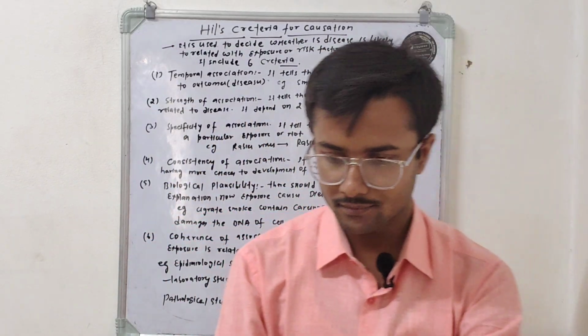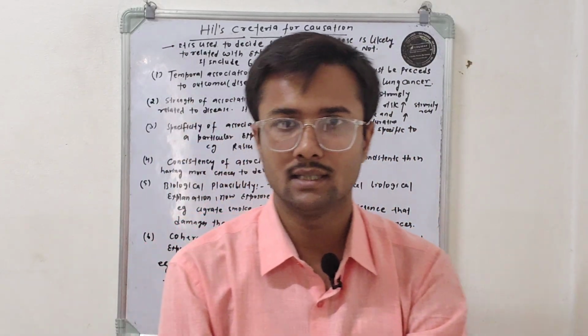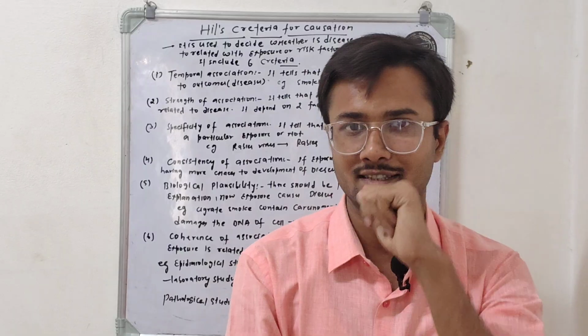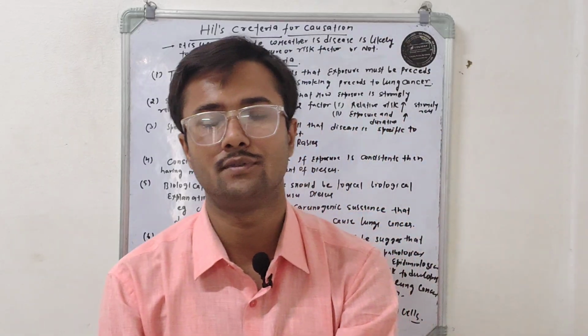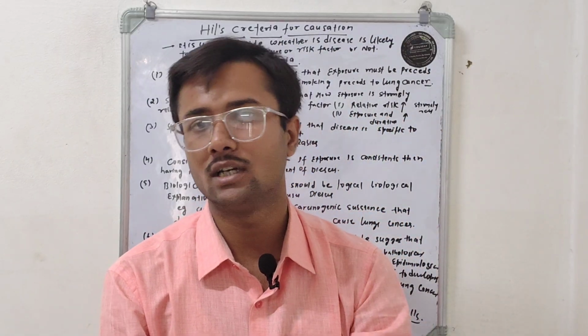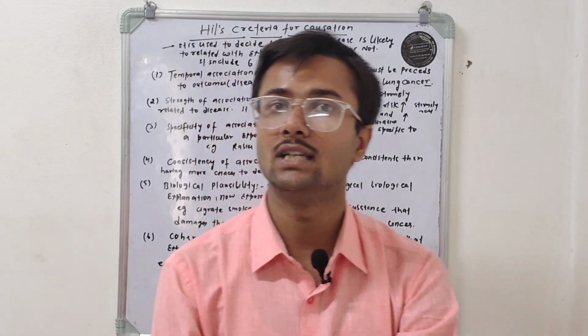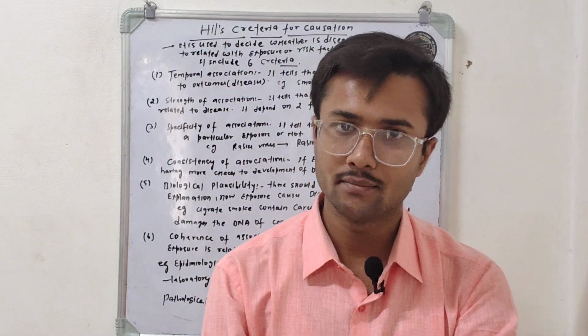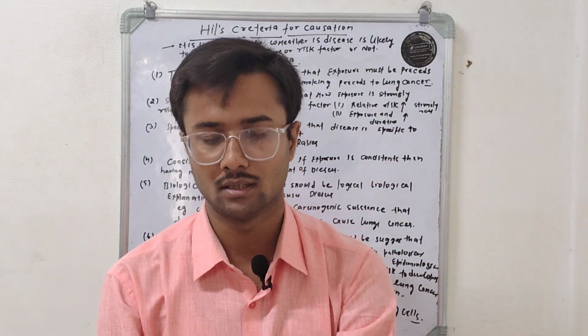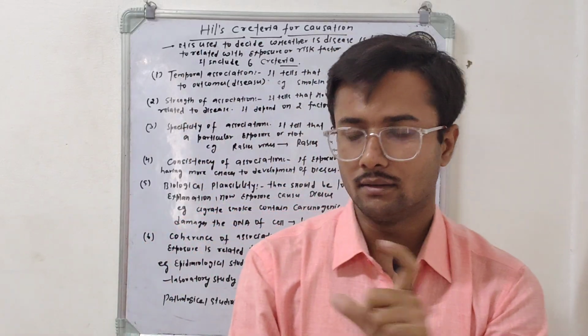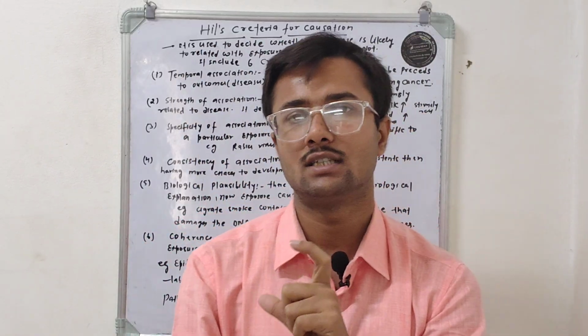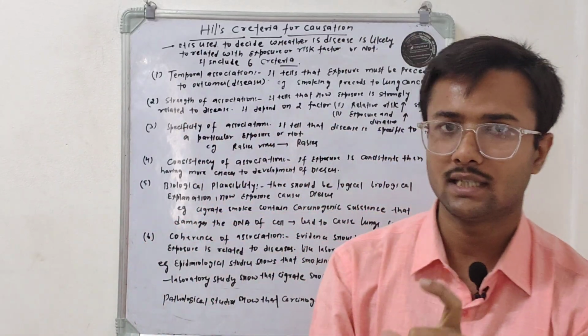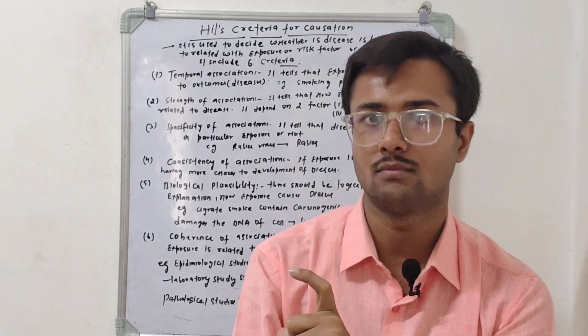For example, if a student starts cigarette smoking at the age of 20 years, and 20 years later, at the age of 40 years, he develops lung cancer. So here, at the age of 20 years, first he has the exposure of cigarette smoking.